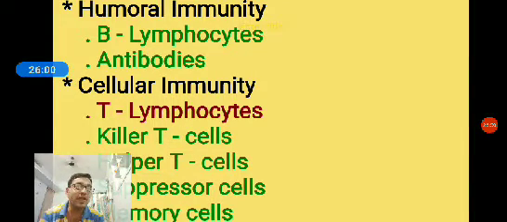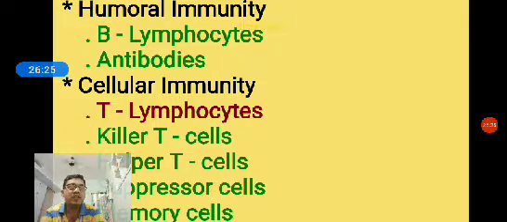In humoral immunity, antibodies are produced. In cellular immunity, the cells are produced. It is also defined as the T lymphocyte acting directly against the antigen. The special type of cells is called cellular immunity.